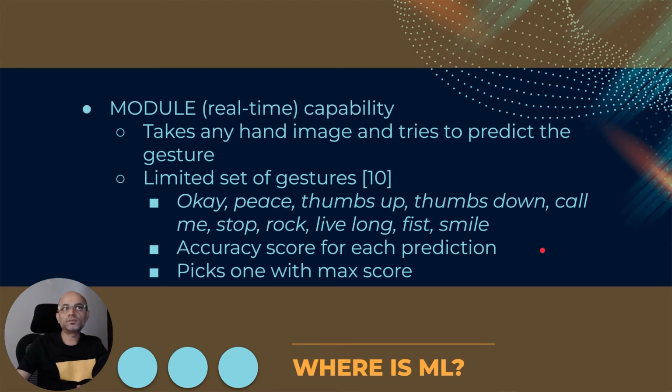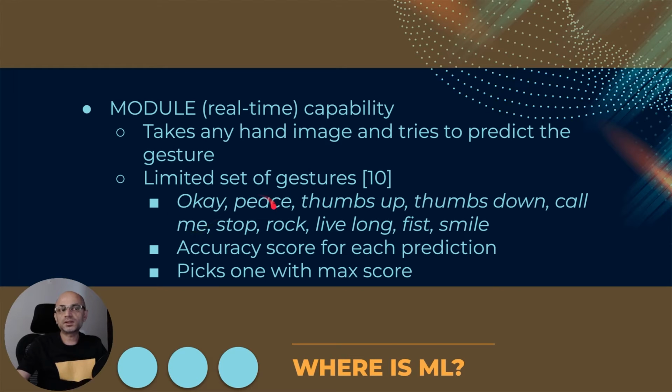And the output is showing the landmarks and a gesture label overlaid on the image. And the module in real time is having a capability where it is taking any hand image and trying to predict the gesture. So in our demo case, we have a limited set of gestures, 10 in total, which are okay, peace, thumbs up, thumbs down, call me, stop, rock, live long, fist, and smile. So the module is trying to find out whether the okay gesture exists in the given image with some accuracy.